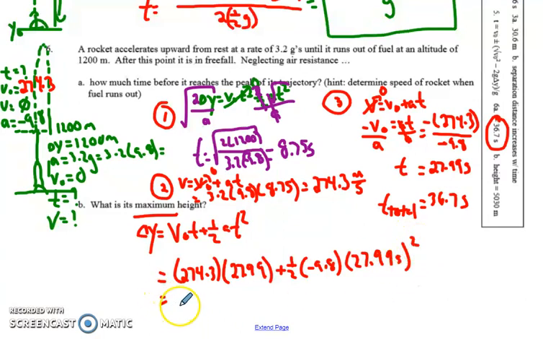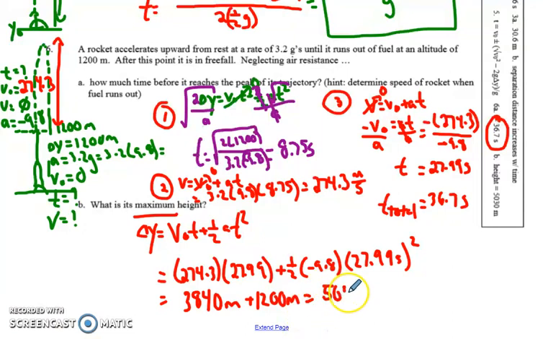And if you do the math here, I got to 3 sig figs 3840 meters. And then, as I said, this is how much further it goes up from the 1,200. So in order to get the maximum height, I add the 1,200 meters to get the total of 5040.